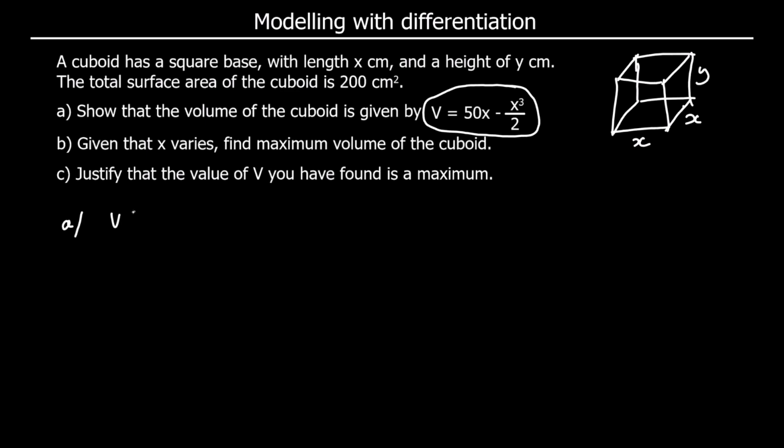So we know the volume is going to be x squared y. And the surface area, so we're going to have 2 x squareds, the top and the bottom, and then all 4 of the other sides will be xy's. And the surface area is 200.